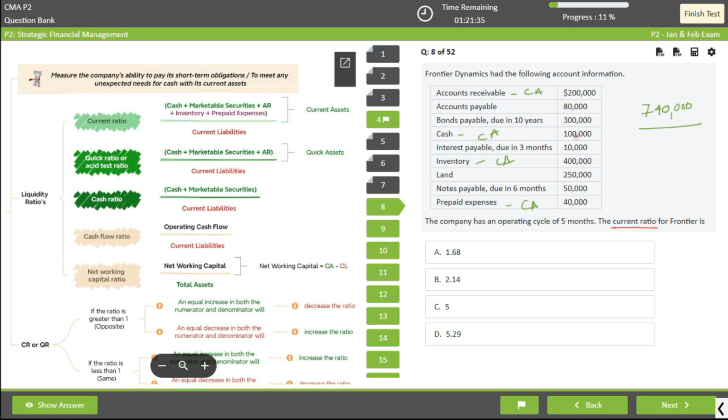So what are your current liabilities? Accounts payable is your current liabilities, interest payable is your current liabilities, and notes payable that is due in 6 months is also your current liability. So we have 80,000 plus 10,000 plus 50,000, so it's going to be 140,000.